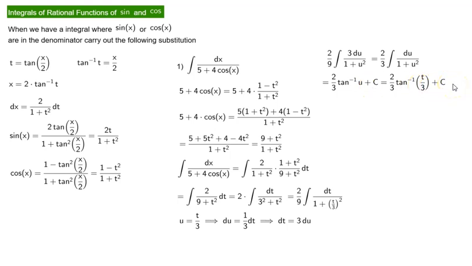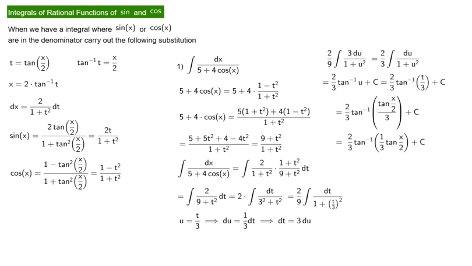T again we have to substitute back. So 2 by 3 tan inverse of tan x by 2 divided by 3 plus c. Or we can separate this to get 2 by 3 tan inverse of 1 by 3 tan x by 2 plus c. So that was one example.